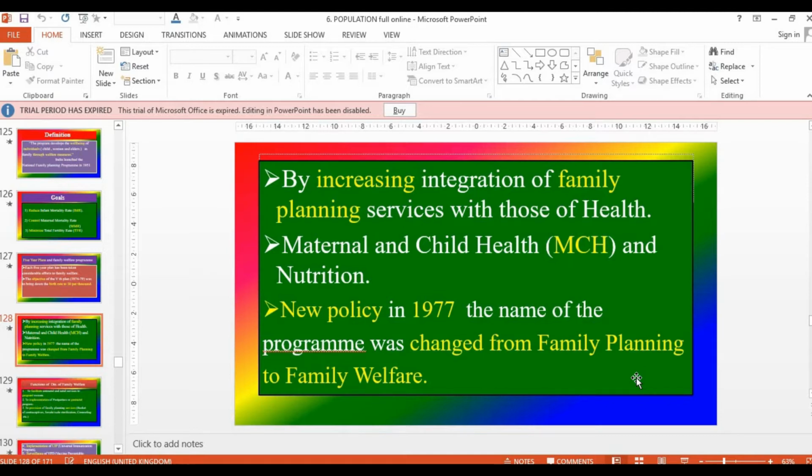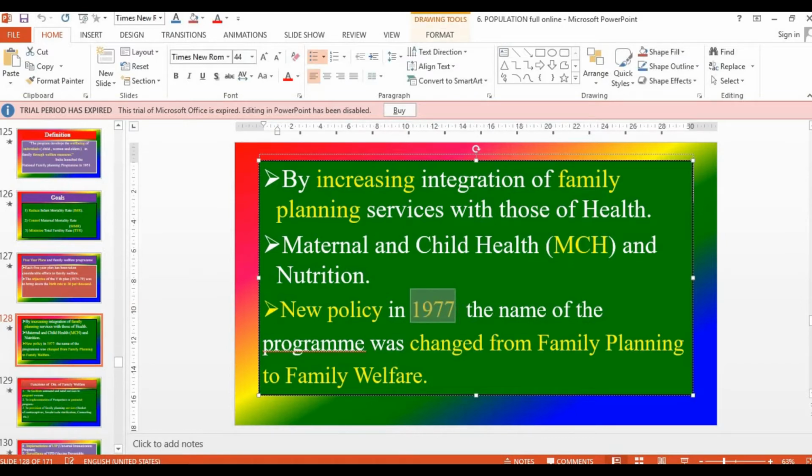After 1977 it is named family welfare. Nowadays family planning is part of family welfare. This question may be asked in competitive examinations, okay? The change of program name.